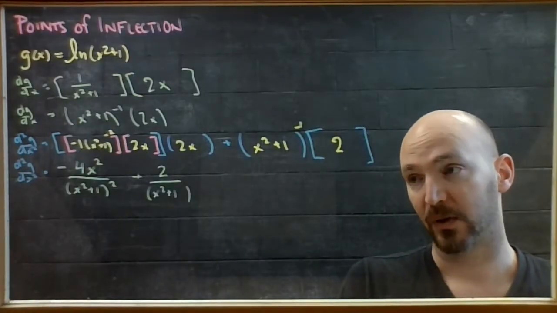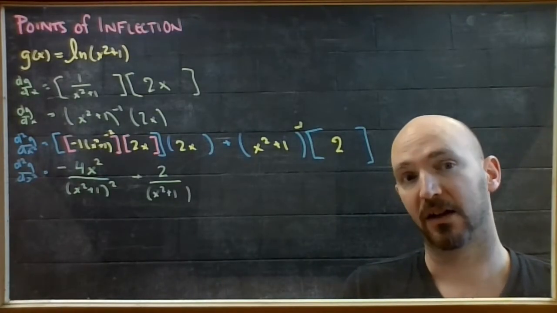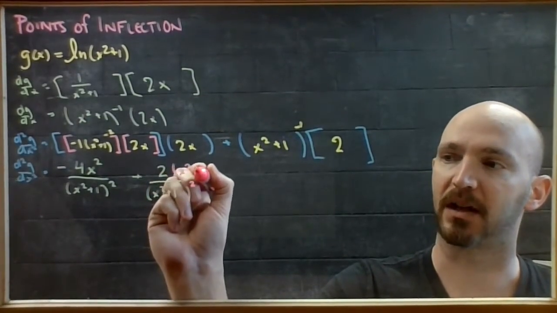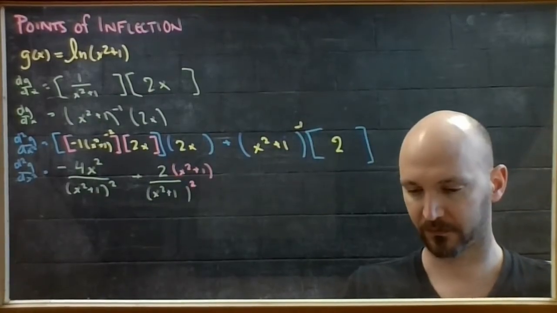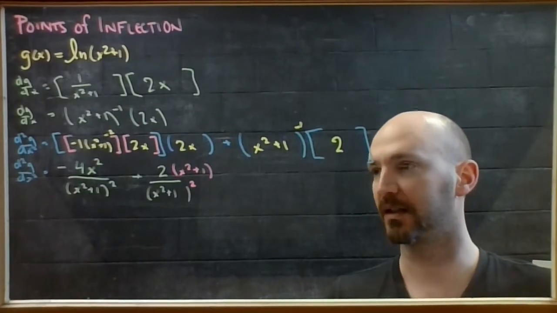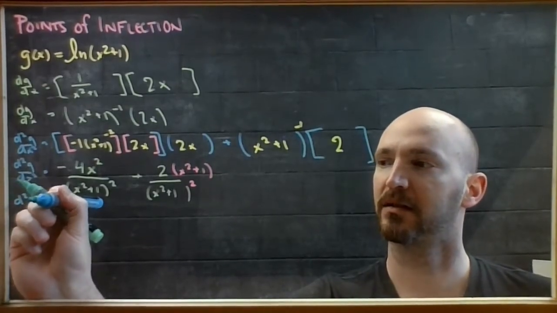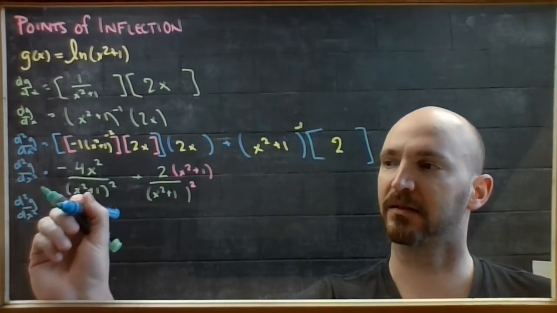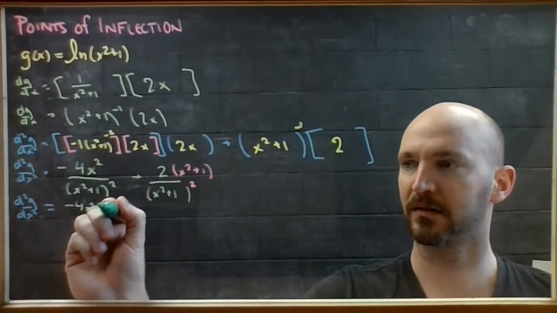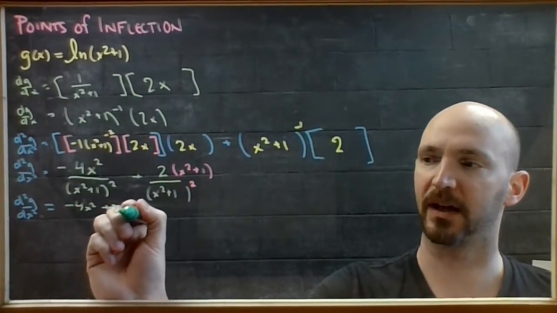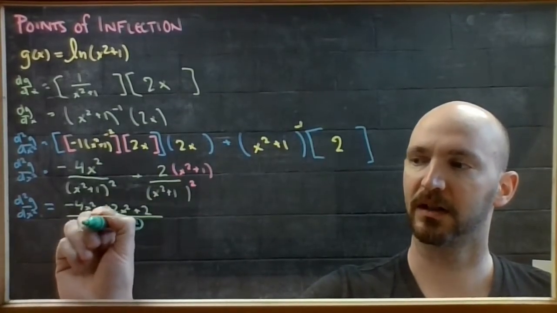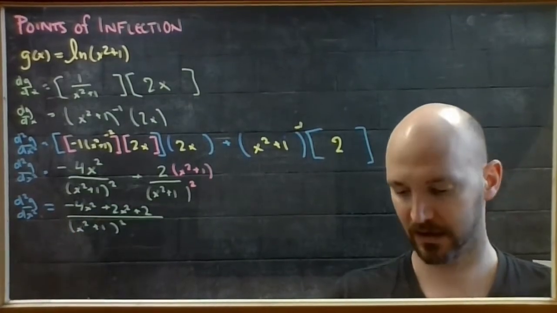Those are fractions, so to do the addition or subtraction with them, I need a common denominator. So I'm going to have to introduce another factor of x squared plus 1 in the top and the bottom here. Cleaning that up, I'd end up with d squared g by dx squared is a negative 4x squared. 2 times x squared is 2x squared, and 2 times 1 is 2, all over x squared plus 1 squared.